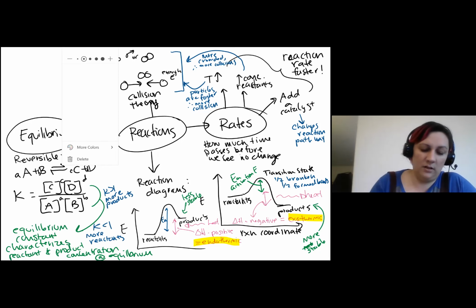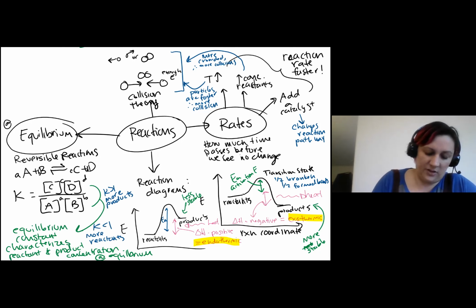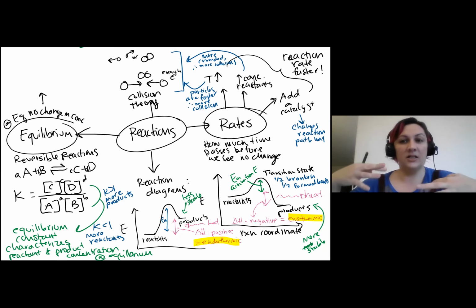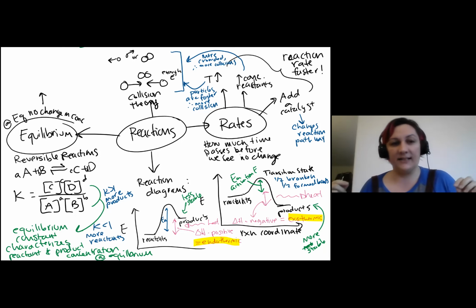And so when something is at equilibrium, there's no change. Once something's there, we can still mess with it. Like if a change occurs, the system will always find its way back to equilibrium. And it'll do that by either having more reactants form products or more products form reactants.